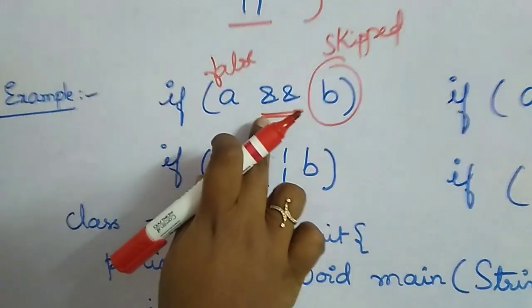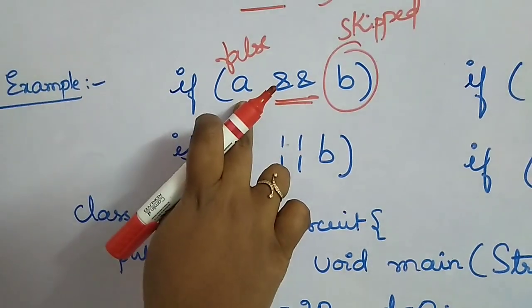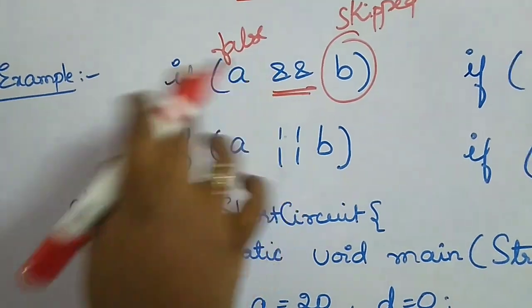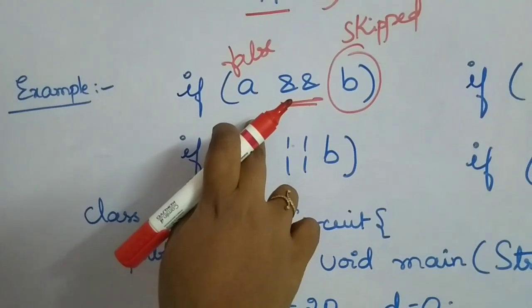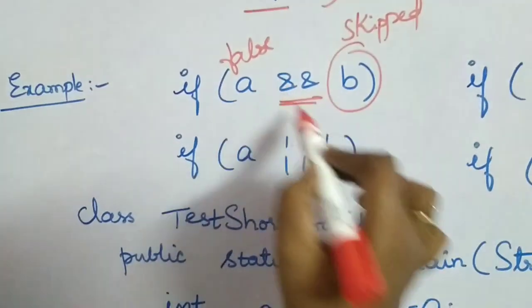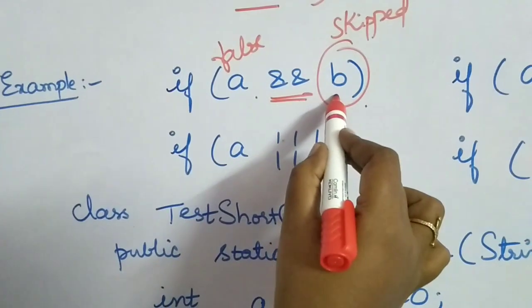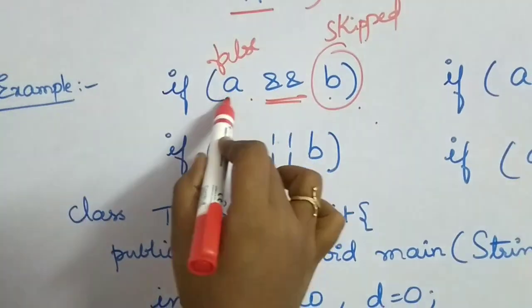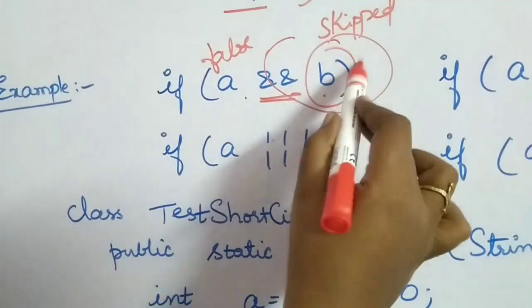Because when you observe the AND operation, if A's value is false, for any combination of B's value, the result will be false. There is no need for evaluating B. Even if B is true or false, the result will be false itself. So this evaluation will be skipped.